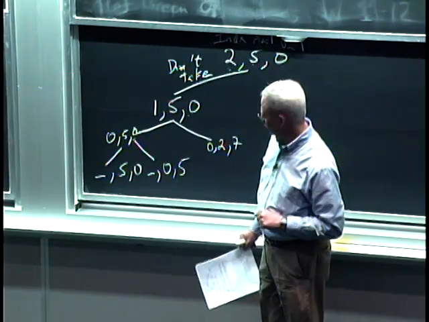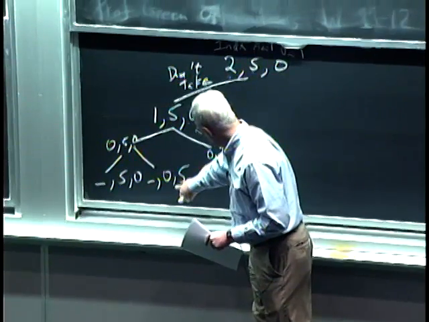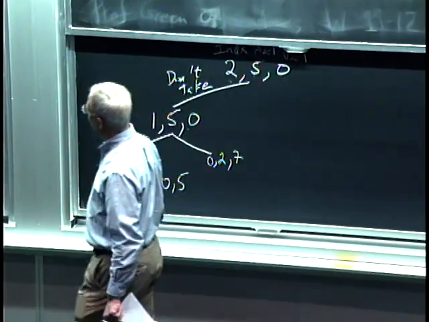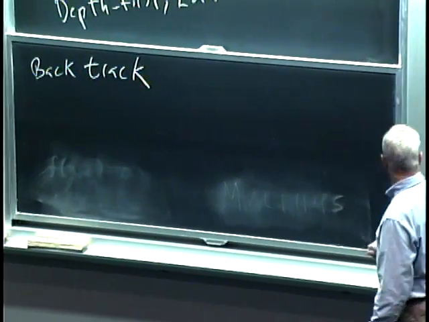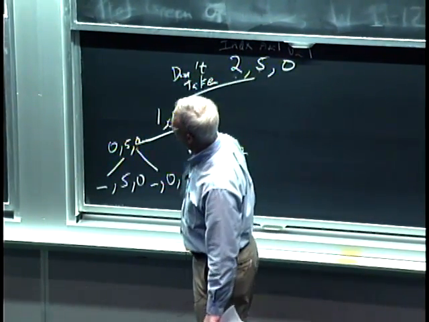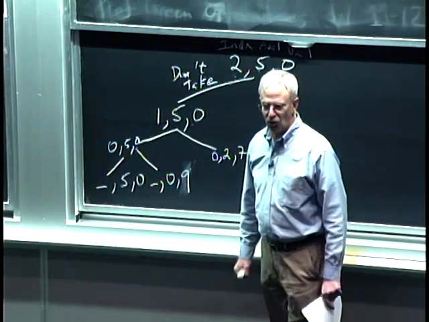Pardon? This one? Yeah, it should be, the value should be 9, not 5. Remember, I'm working from the back, so it shouldn't be 9. It should be what? Item 0, you're right. Item 0 is 9. Thank you. Right, you are.